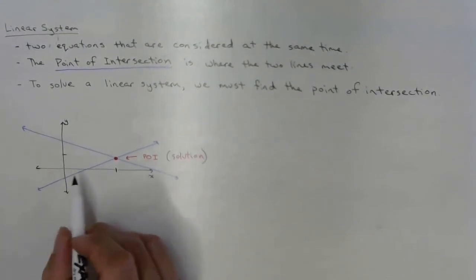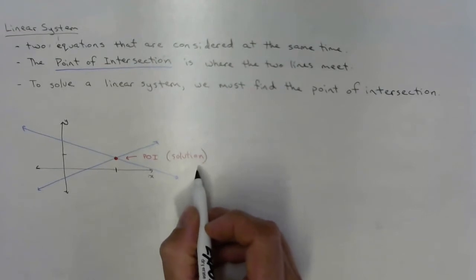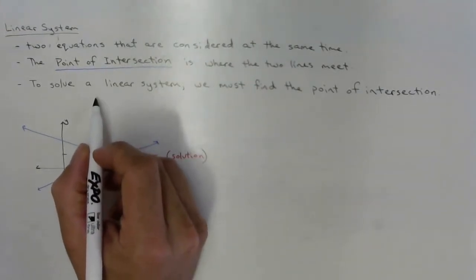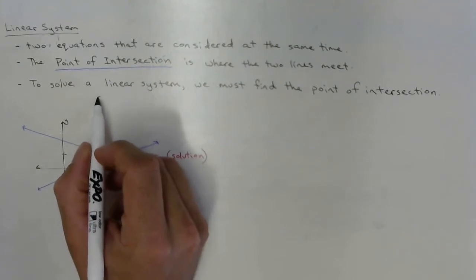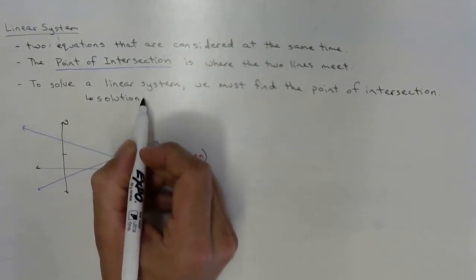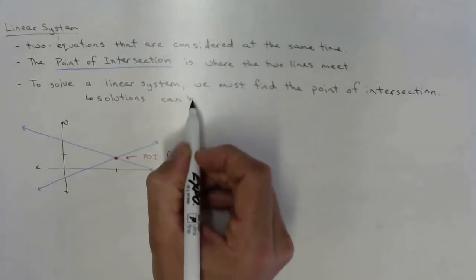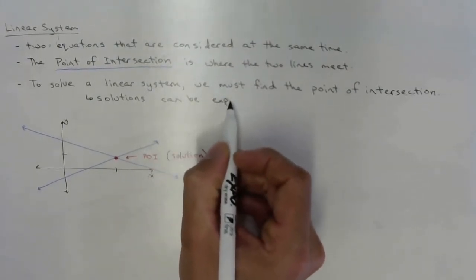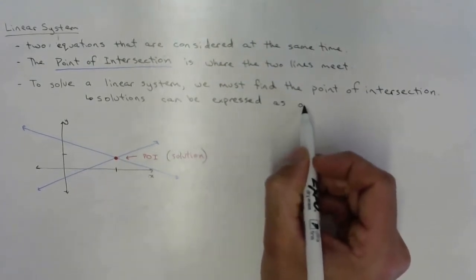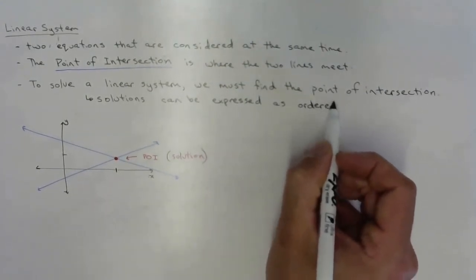So those 2 values right here, to solve, we must find the point of intersection. Point of intersection, let's say solutions can be expressed as ordered pairs.